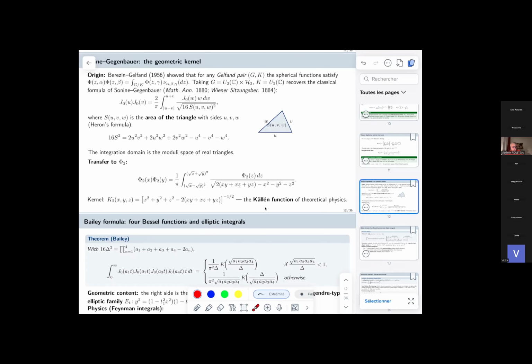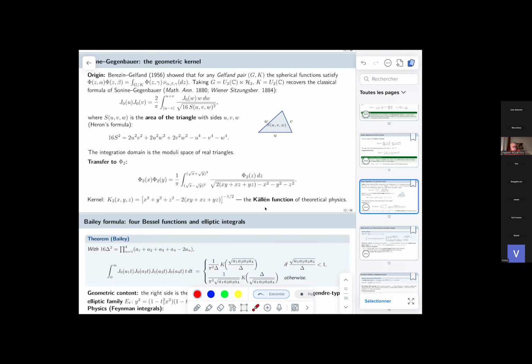People also know it as the square of the triangle area multiplied by 16. All of these elementary objects enter as the kernel for a product of two Bessel functions.